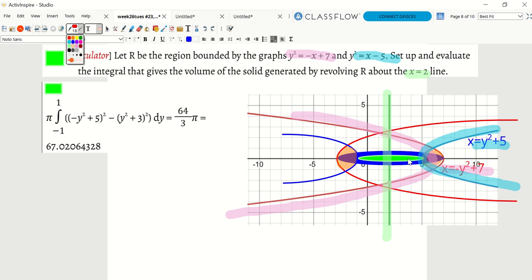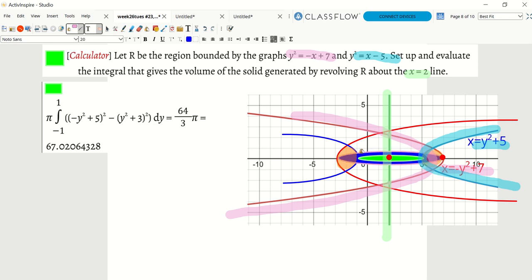Blue disk minus green disk will give you this space in between right here and here, which is the orange space, a two-dimensional space, and then we're going to stack those up and down. But before we stack, let's just focus on the two-dimensional areas. So red to red, which is what we want, that's the radius of the blue. Let me see if I can get my colors a little bit more aligned over here.